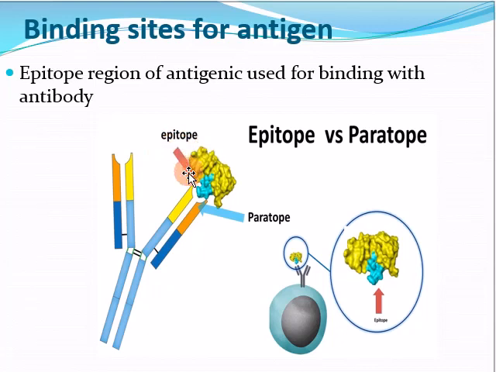These regions of an antigen are called epitope. So this is an antigen and this is an antibody. The antigen has a structure which can directly fit to the antibody structure, and that is called epitope. So you must understand epitope is the structure of the antigen and paratope is the reacting region of the antibody.